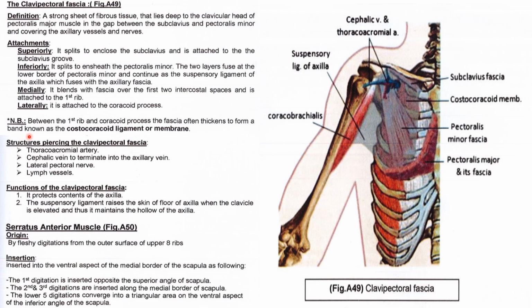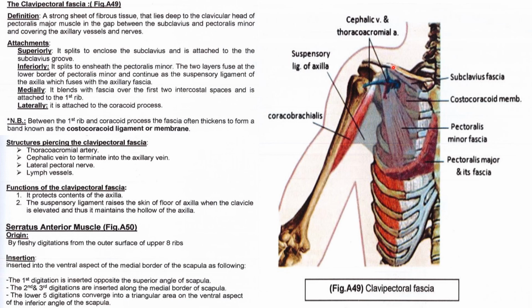Now, the note is that between the first rib and the coracoid process, the fascia often thickens to form a band known as the costocoracoid ligament or membrane.